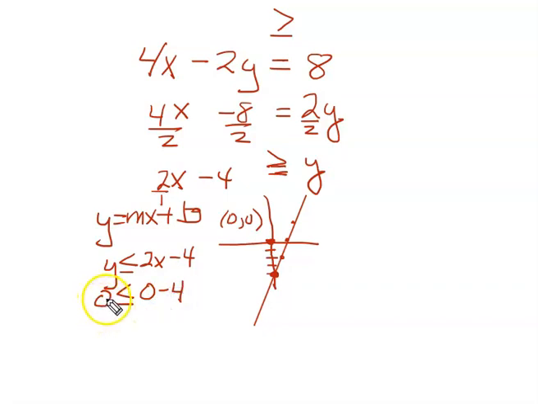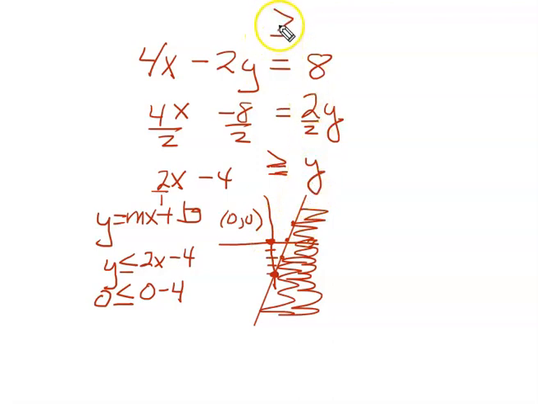is 0 less than negative 4? Well, on a number line, 0 is not less than negative 4. 0 is greater than negative 4. So this is not the area of solution. The area of solution would be on this side. And we would use a solid line because it's also equal.